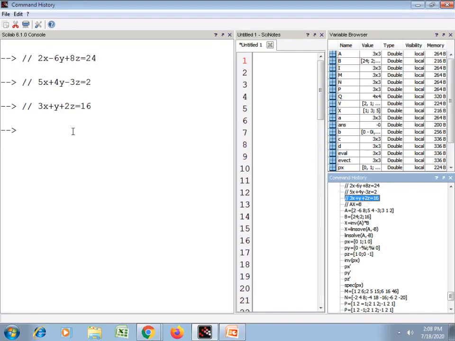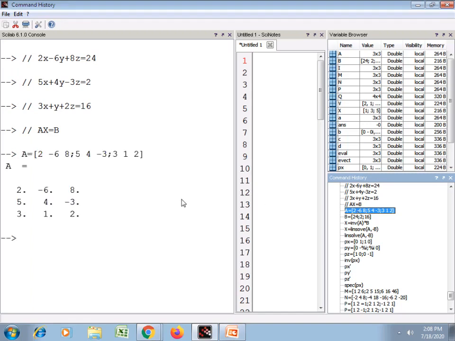These three linear equations can be expressed in terms of a matrix equation, A into x equal to B, where A is a 3 by 3 matrix, each row of which holds the coefficients of the variables x, y and z of the three equations.